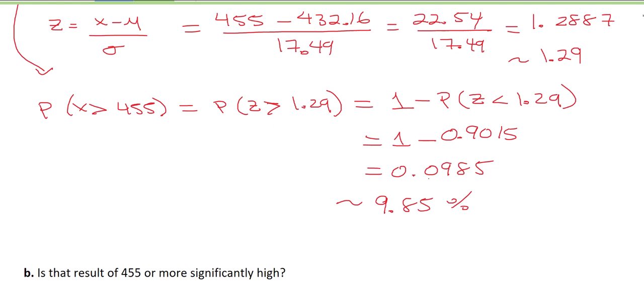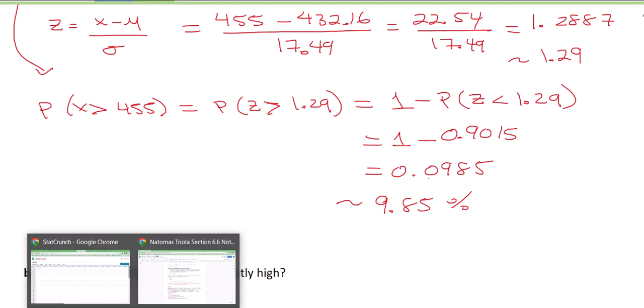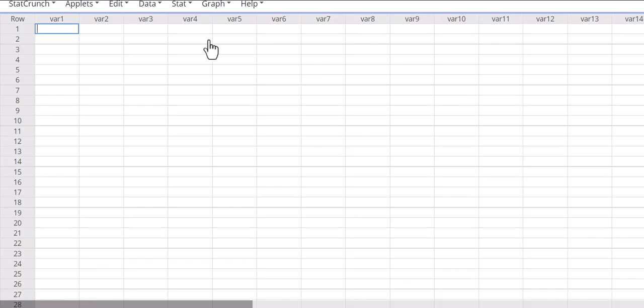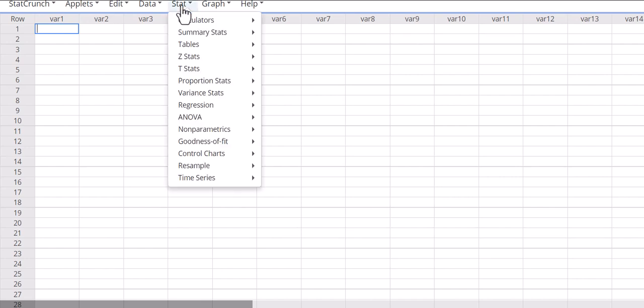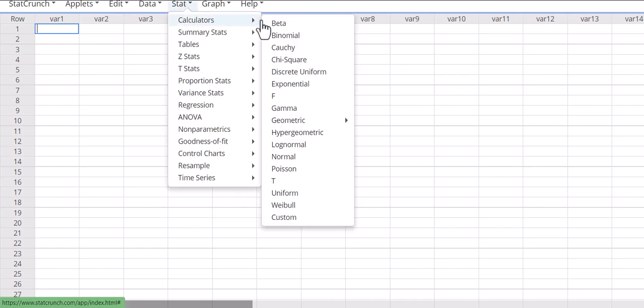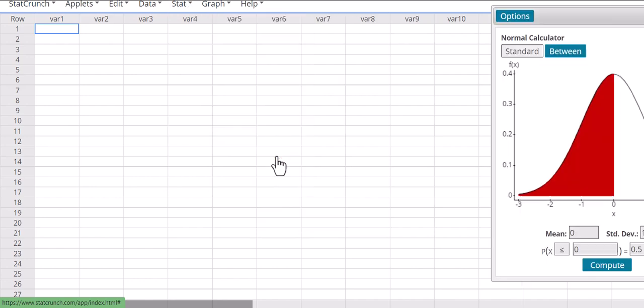9.85%. Now this is by using the tables, but we can also use StatCrunch to solve it. So if we go to StatCrunch, and remember for this, what is it that we do? We go to Stat, Calculators, and because we're using the normal approximation to a binomial instead of a binomial, we're going to go to Normal and Compute.